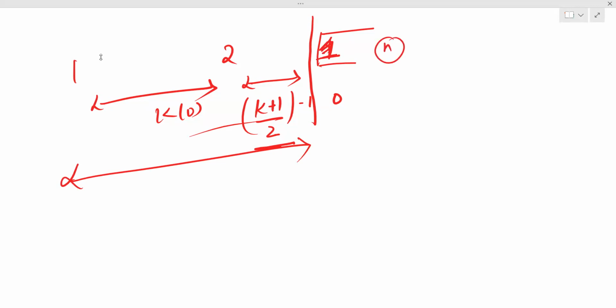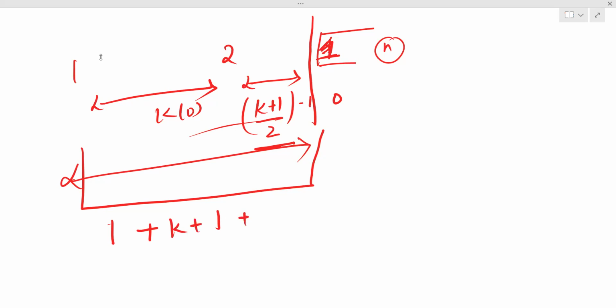So let's look at this 1 unit of block size. In this 1 unit of block size, the size is 1 plus k plus 1 plus, in case I have my k as 0, I'm going to write this as maximum of 0 or (k+1)/2 minus 1.